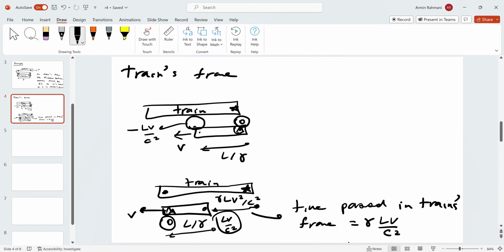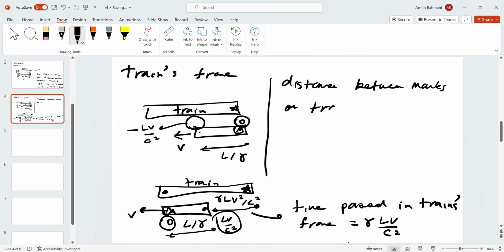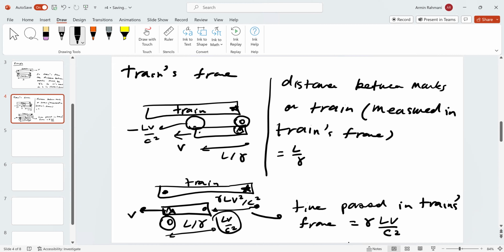Well, that distance on the train, measured in the train's frame, that's what we're doing, right? That's L over gamma plus gamma LV squared over C squared.